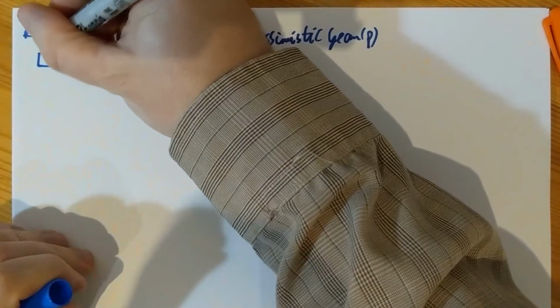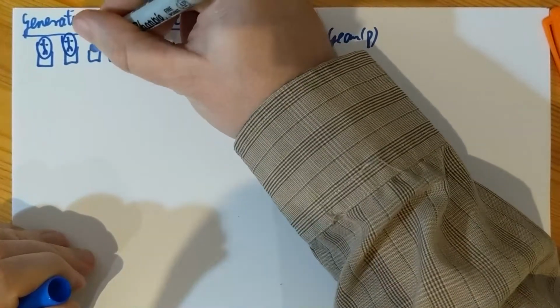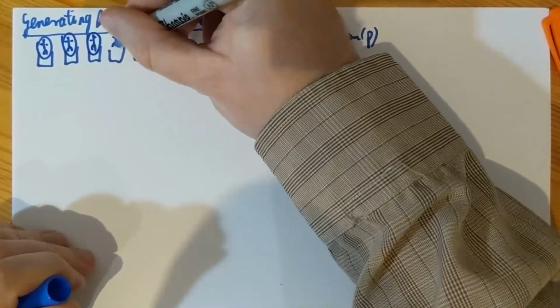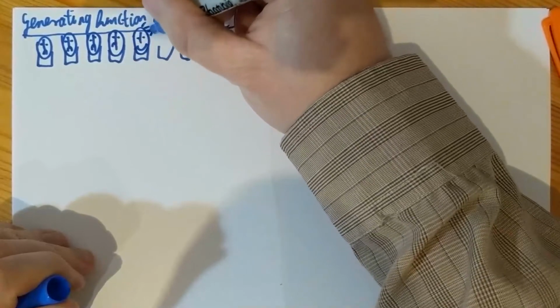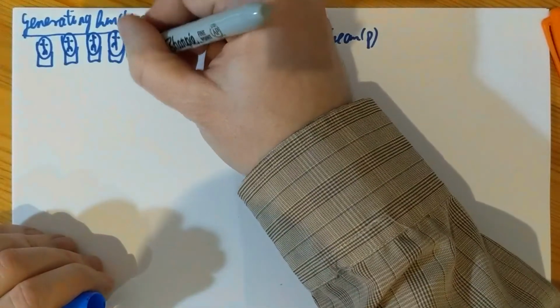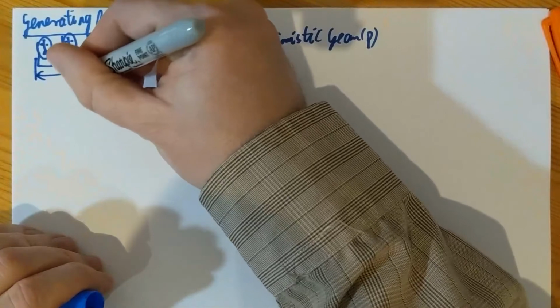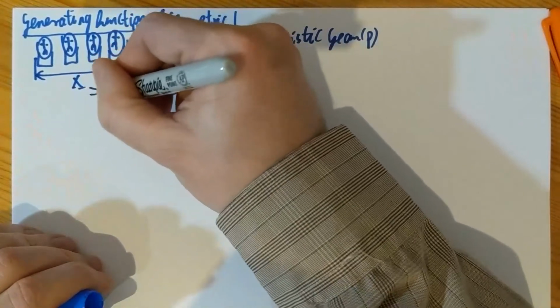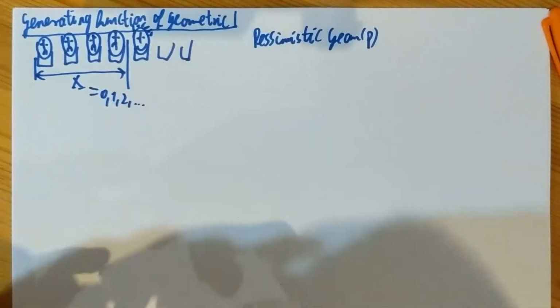Suppose I have a few failures to start with, and eventually I have this success here. So I'm happy, and the pessimistic geometric is this length. It could be 0, 1, 2, and so on.